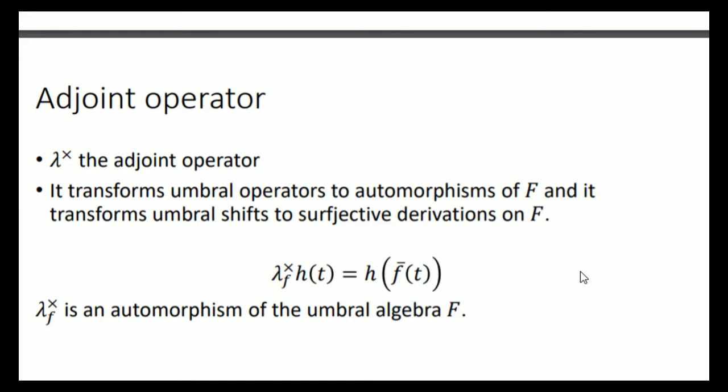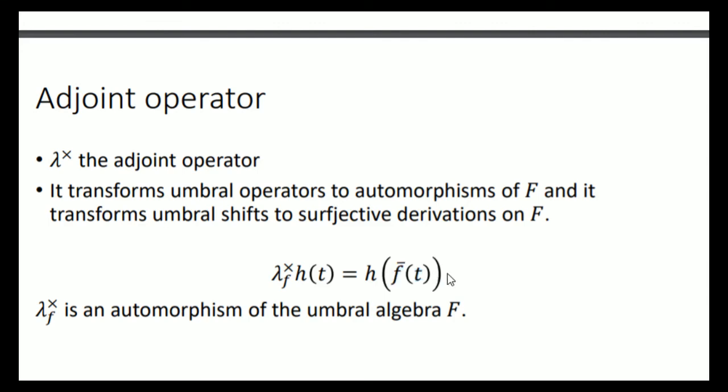So one of its properties, for example, if you apply it to the Umbral operator of f over a linear function h, it's equivalent to taking h of the compositional inverse of f.